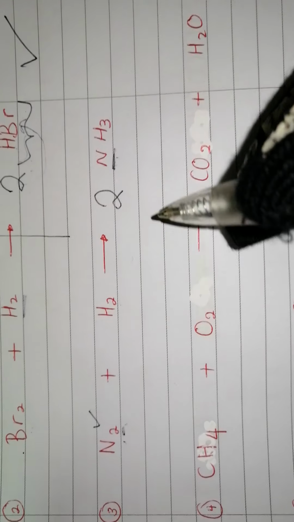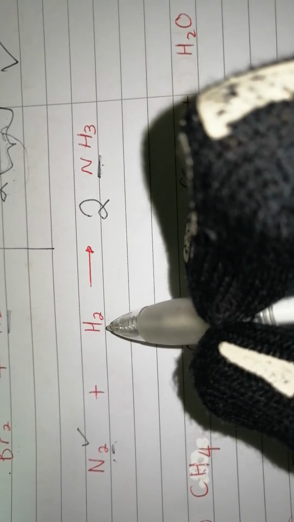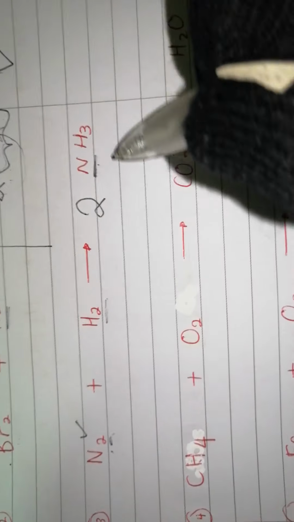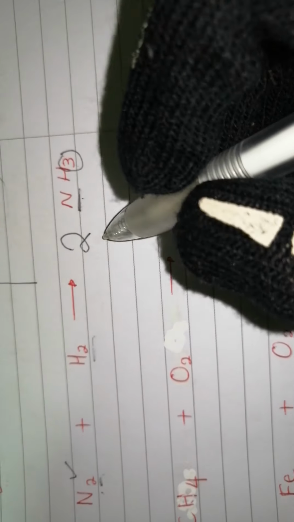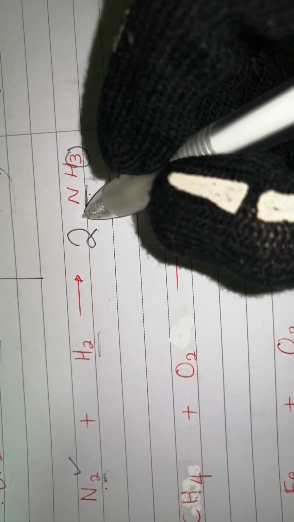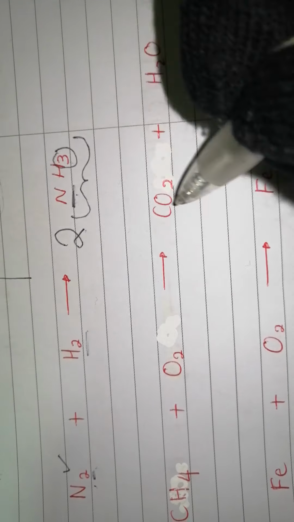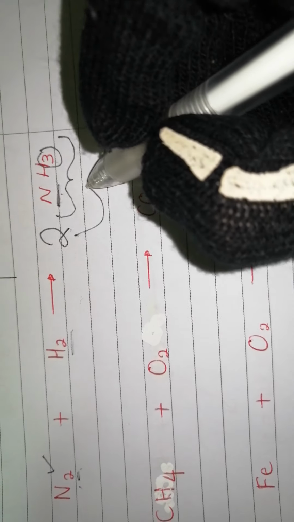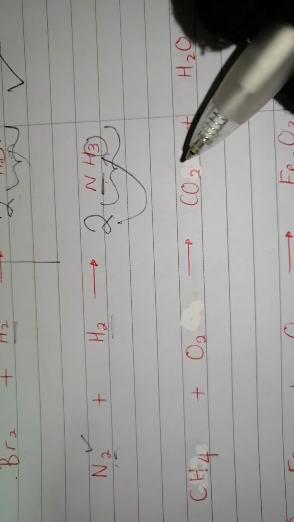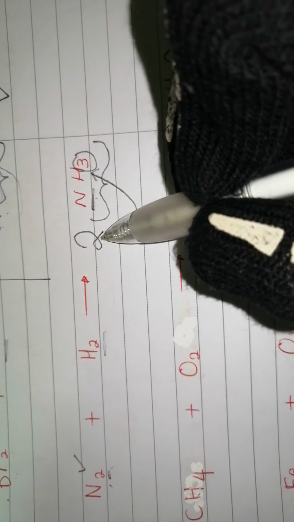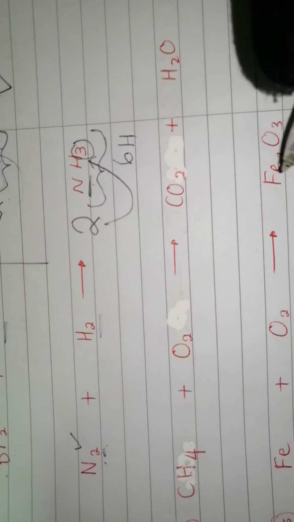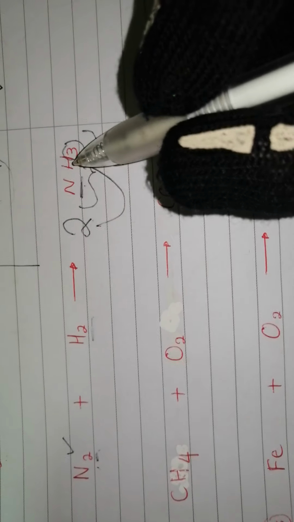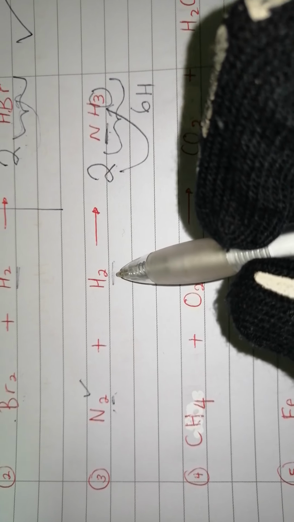Now I need to go to the hydrogen. On this side, can you see I have 2 hydrogens? And here I have 3 hydrogens because of the subscript, but because I put the coefficient here, the coefficient goes to everything, which means it also went to the hydrogen. So now the total number of hydrogens I have is 2 times 3, which is 6 hydrogens. So on this side I now have 6 hydrogens, and this side I have 2.